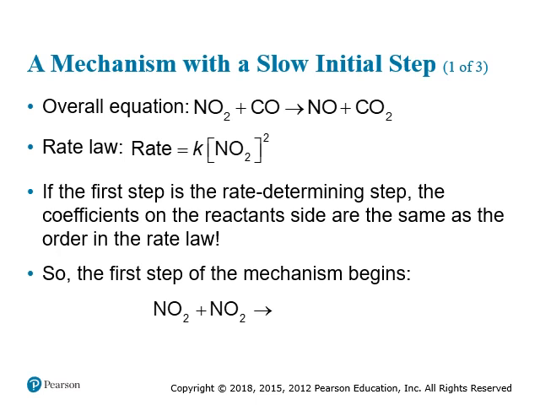If we determine that the first step of this reaction is the rate determining step, and the rate law of this reaction is second order in nitrogen dioxide, then the first step of the mechanism involves nitrogen dioxide reacting with nitrogen dioxide.